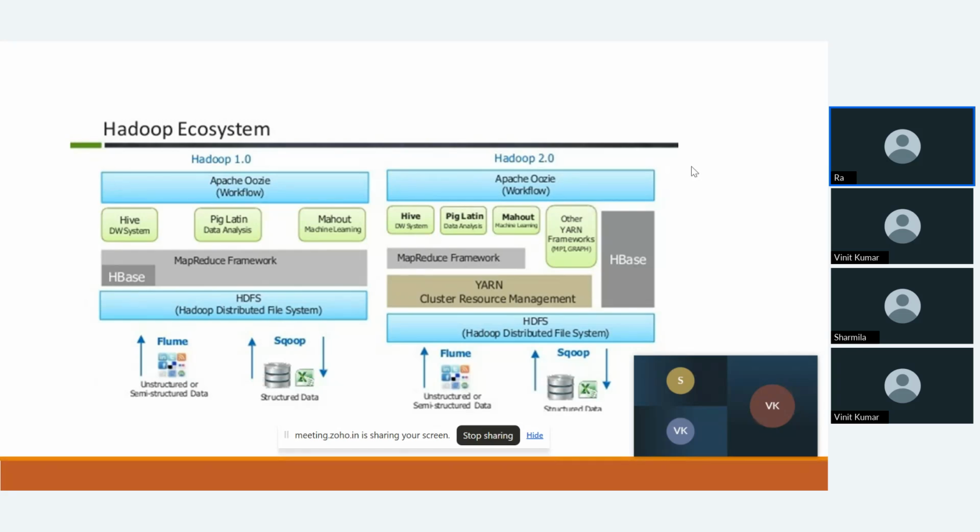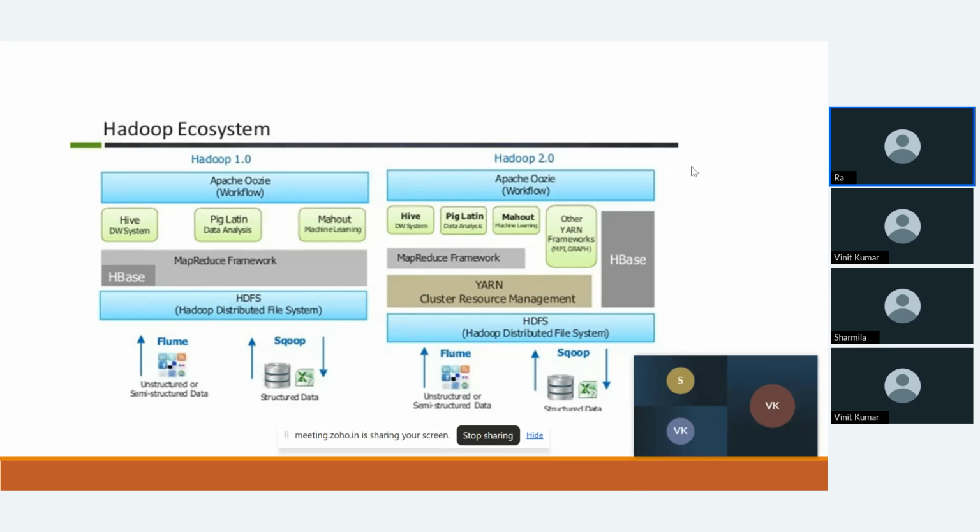So everything was getting converted into MapReduce, whether we were doing it through Hive, Pig Latin, or Mahout. Mahout was the machine learning library at that point of time, so if somebody had to do a machine learning task, they used to write code in Mahout.